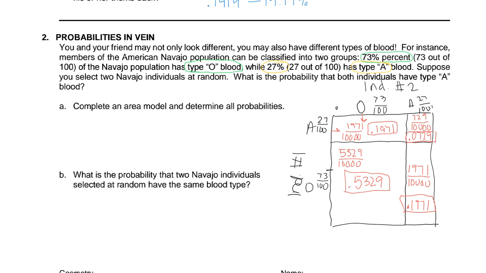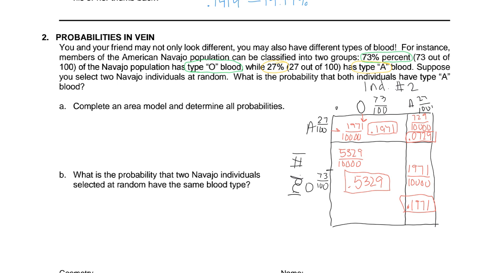The question in part B repeats the question: what is the probability that two Navajo individuals, which are the two on the left and the top, selected at random, have the same blood type? These probabilities in here depend on which one has which blood type, the probability of one occurring and the other occurring. So we are looking specifically at two Navajo individuals having the same blood type.